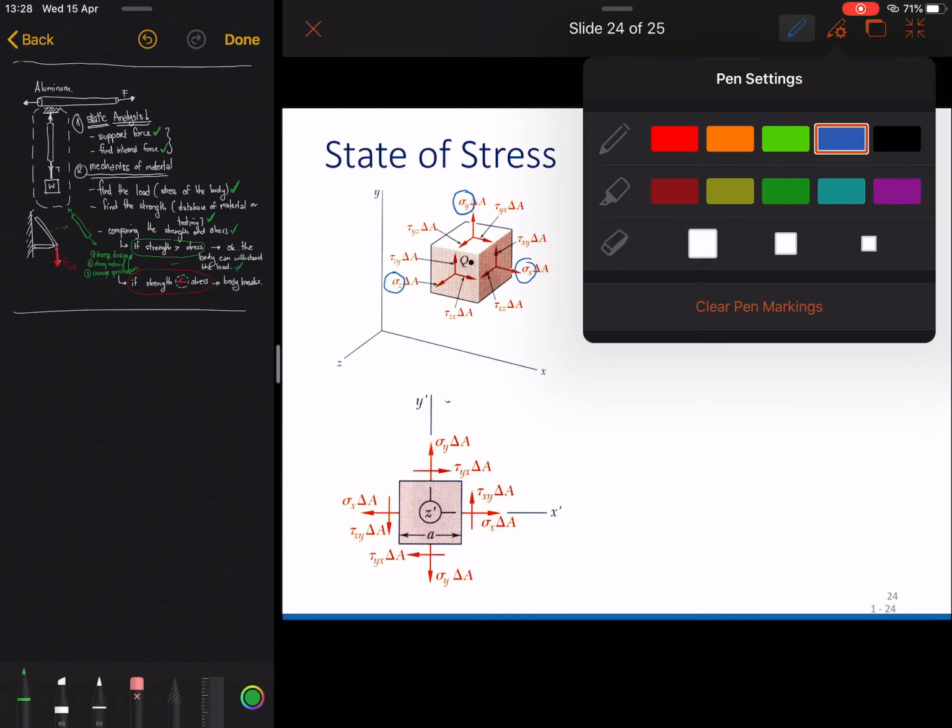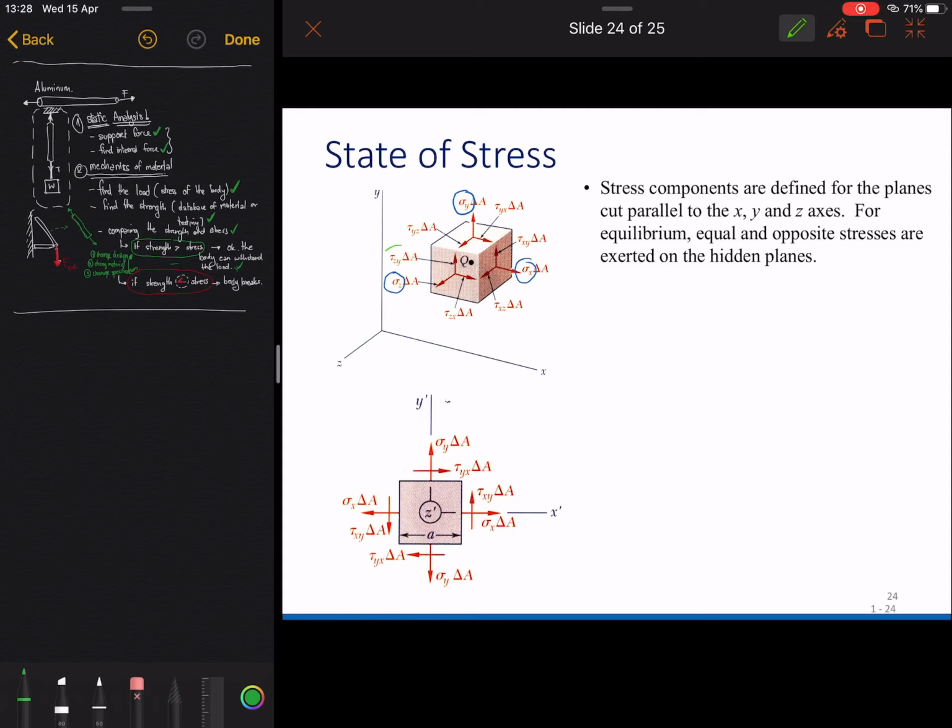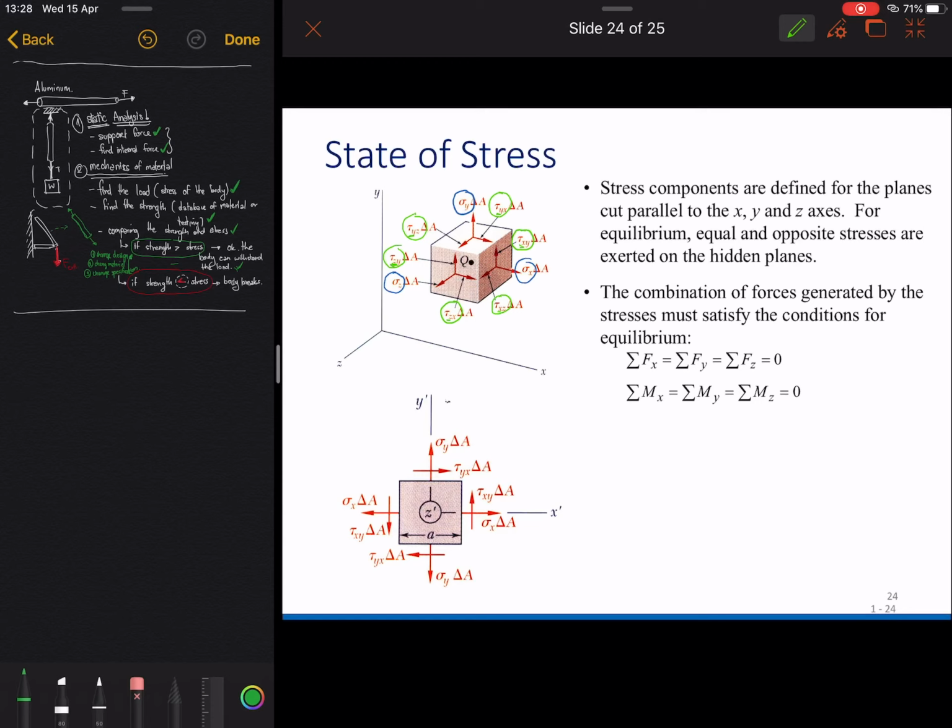And what I circled in green is the shear stress. For example, this is shear stress by the z-axis, and this is shear stress by the y-axis, so they are written as tau yz and yx. And this is shear stress in the x-axis. Okay, so this is how it looks in the 3D world.